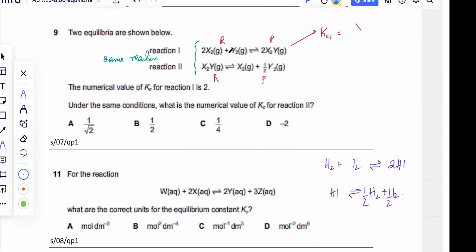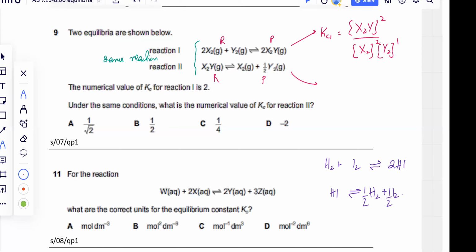It's going to be X2Y as my product, its concentration squared, divided by my reactants, X2 concentration squared and Y2 concentration to the power 1. So that's the expression for the first one.